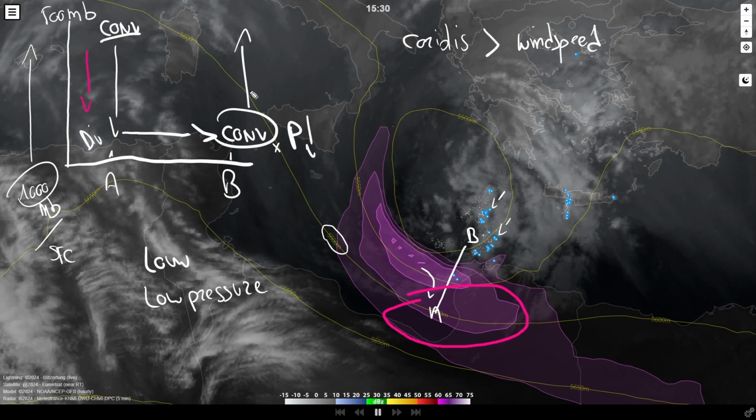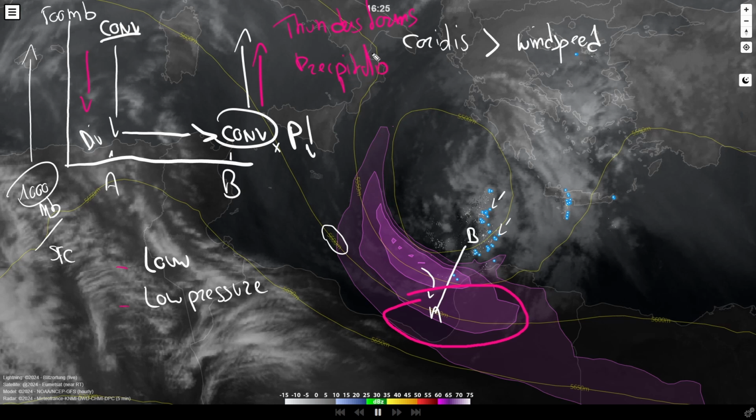This upward motion here at point B, upward, right, leads to, as we already mentioned, formation or sustaining of a low pressure center or strengthening even of a low pressure center, but it can also lead to the formation of thunderstorms there or precipitation in general.